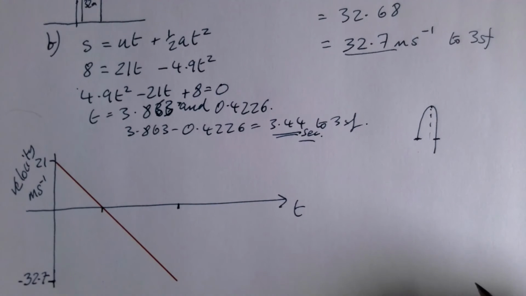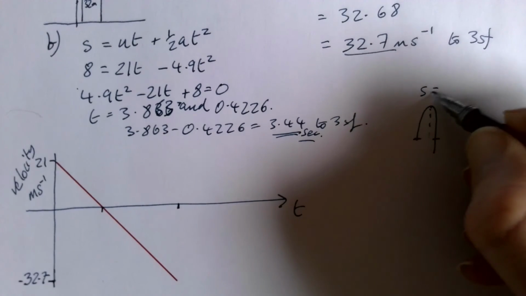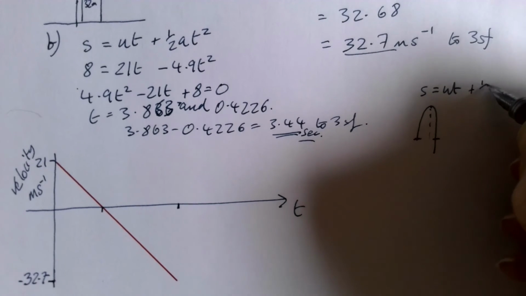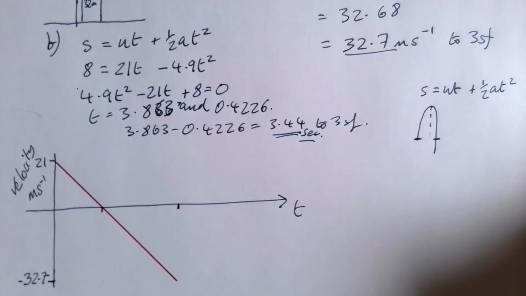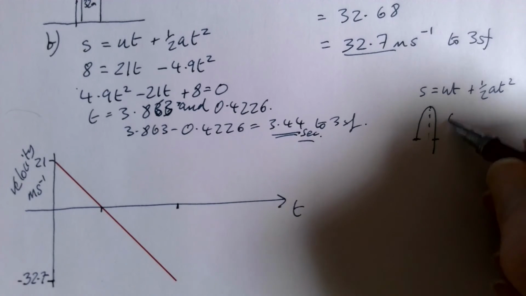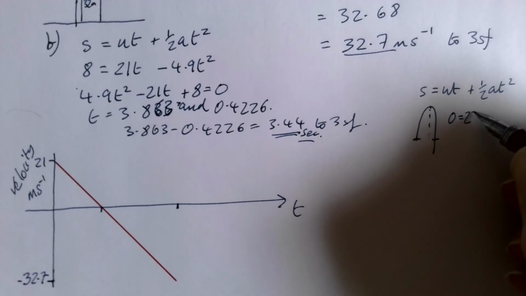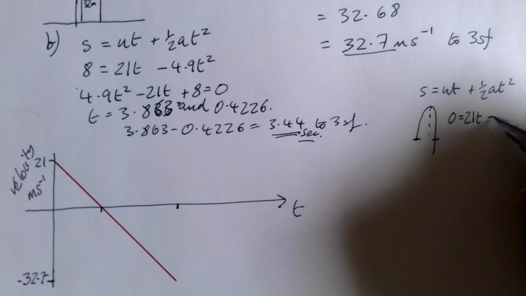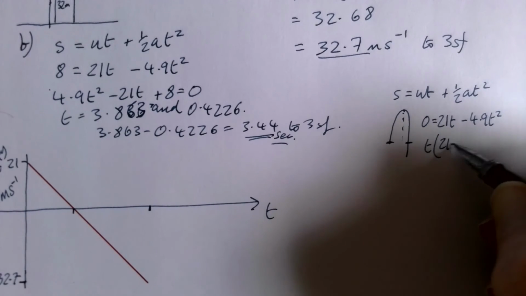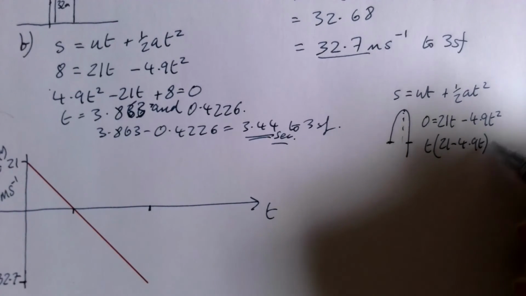So we can say, using SUVAT and s equals ut plus a half at squared, the distance is going to be 0 equals 21t minus a half of 9.8 is 4.9 t squared. Then we can just say t times 21 minus 4.9t equals 0.